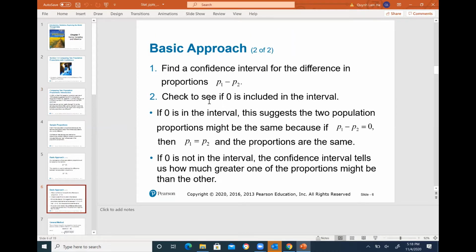Second, you check to see if 0 is included in the interval. If 0 is in the interval, this suggests the two population proportions might be the same. So actually from here, they set that equal to 0.